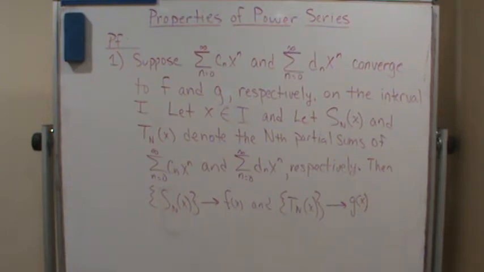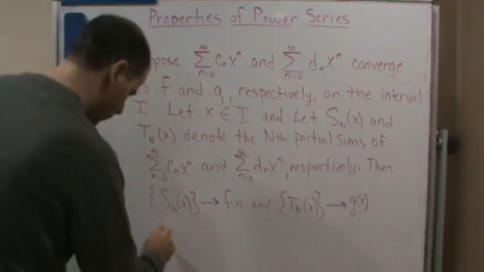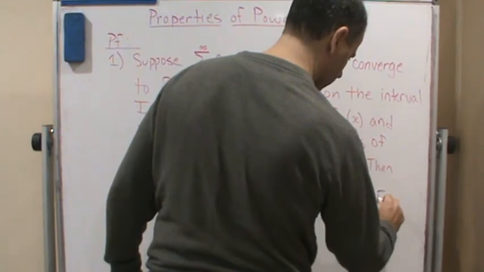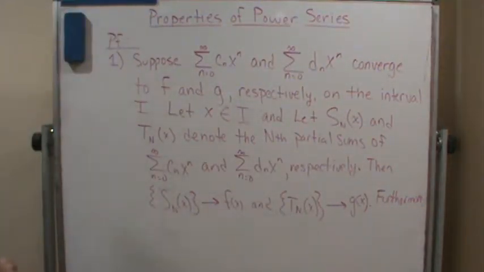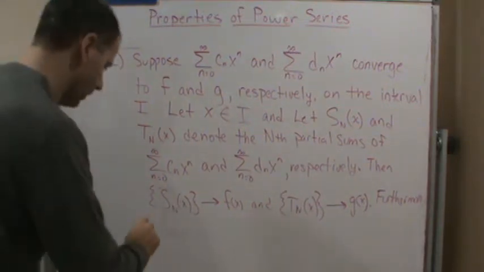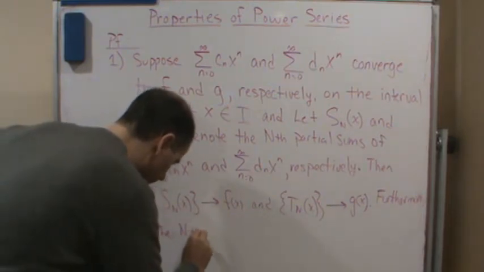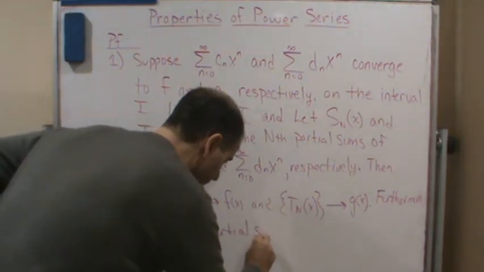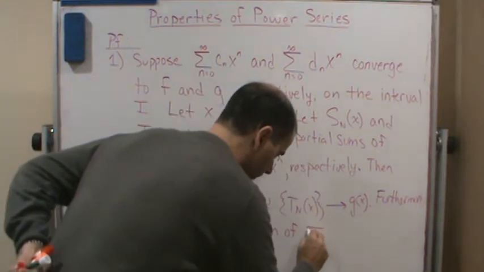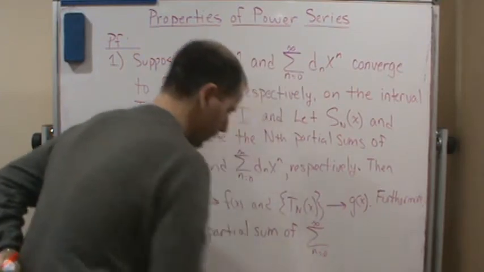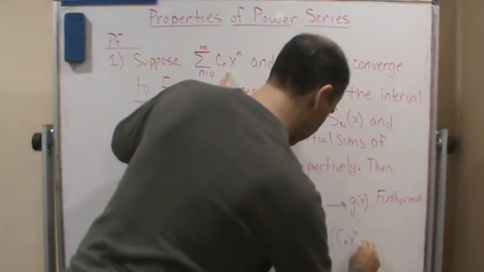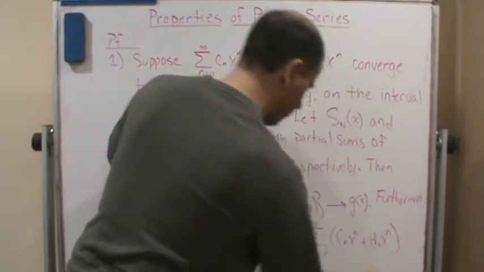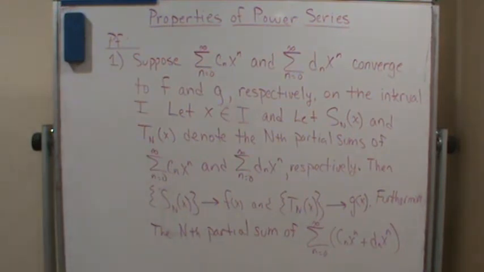And then furthermore, the nth partial sum of the sum of these two, so it's going to be c sub n plus d sub n.